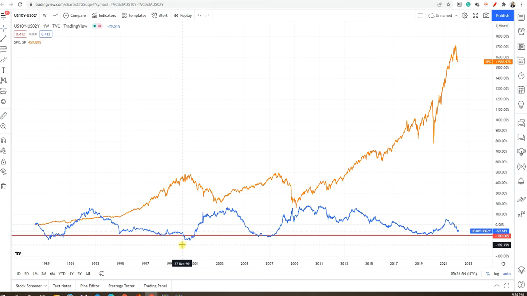When we have the negative reading in January 2000, we are still in a bull market. And when stocks or the S&P roll over, here's the time: August 2000. So it gives us 8 months to roll over, right?